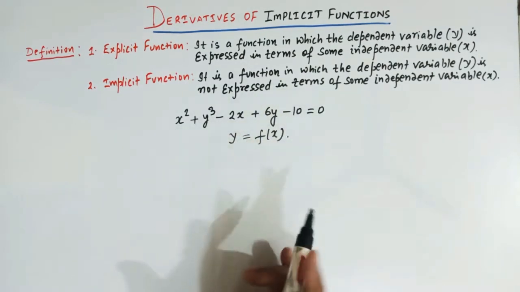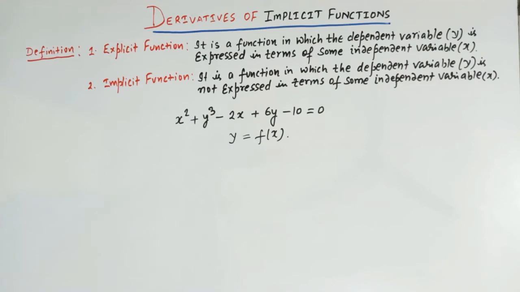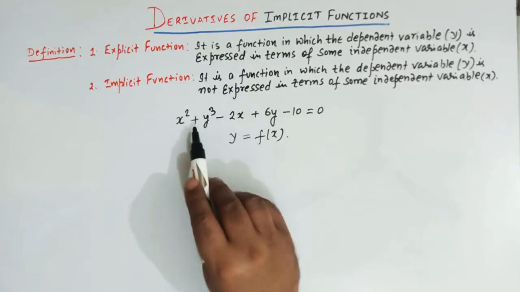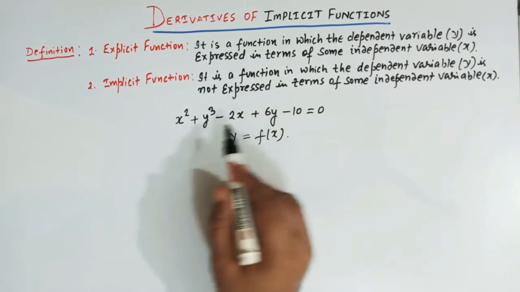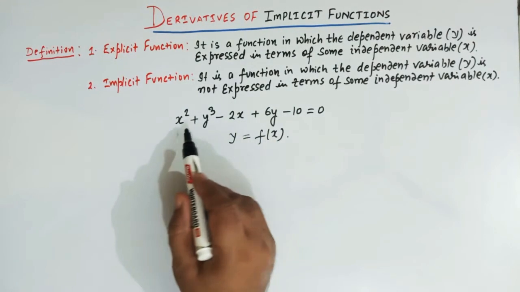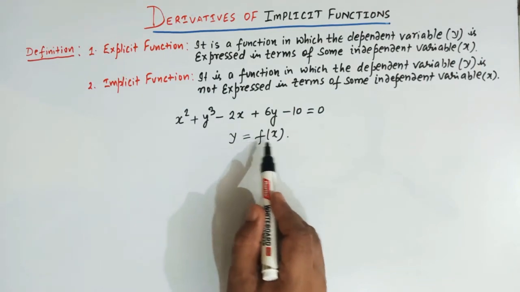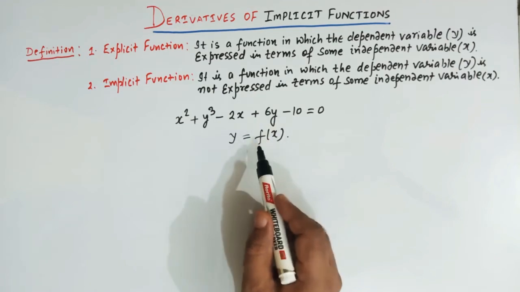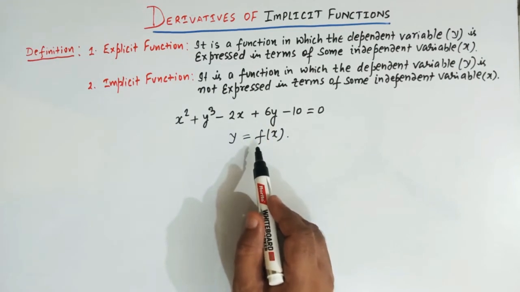And such functions are known as implicit functions. Here it would be quite difficult to rearrange to get the form y equal to f(x). So such a function given in this way is said to be defined implicitly.